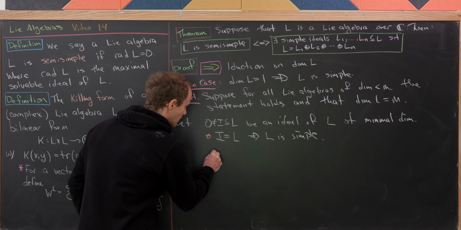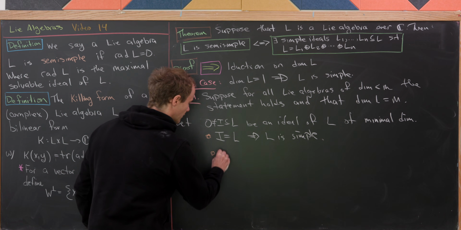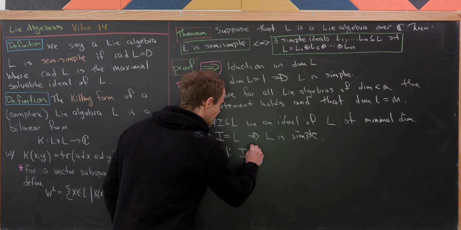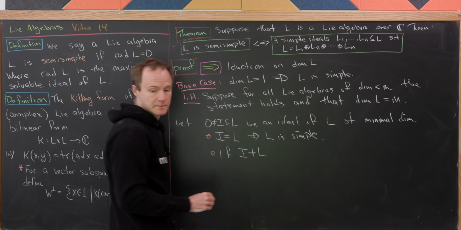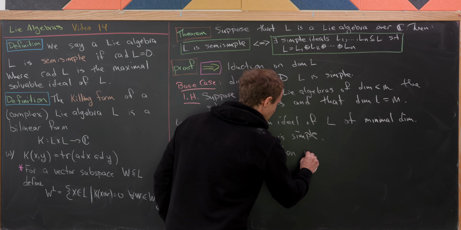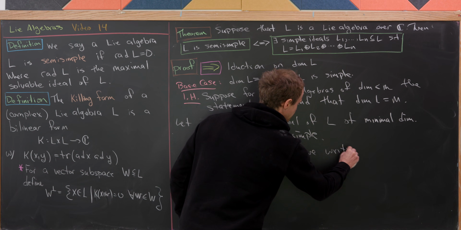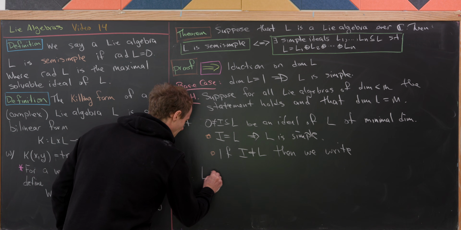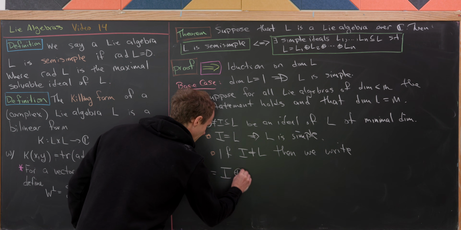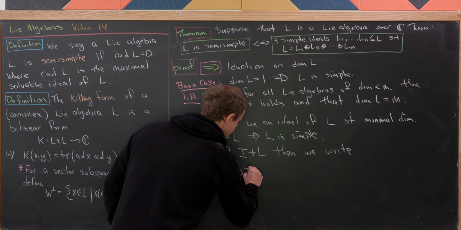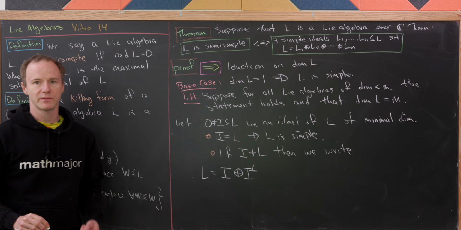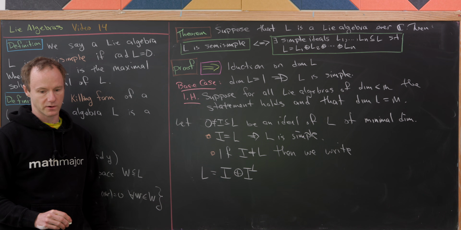Okay, so otherwise, in other words, if I is not equal to L, then we write the following. We can write L as I direct sum with this I perp, this complement of I under the Killing form.